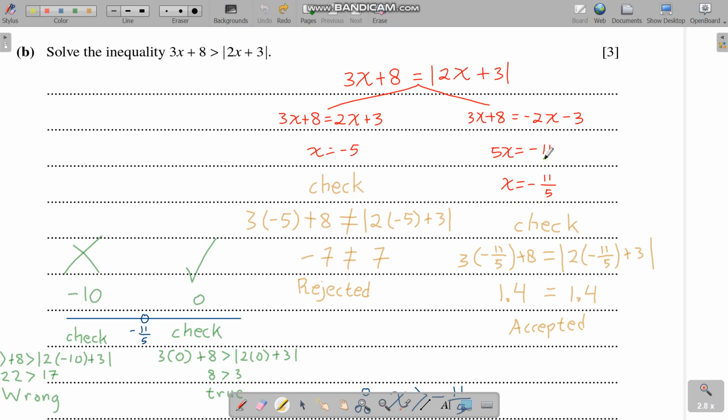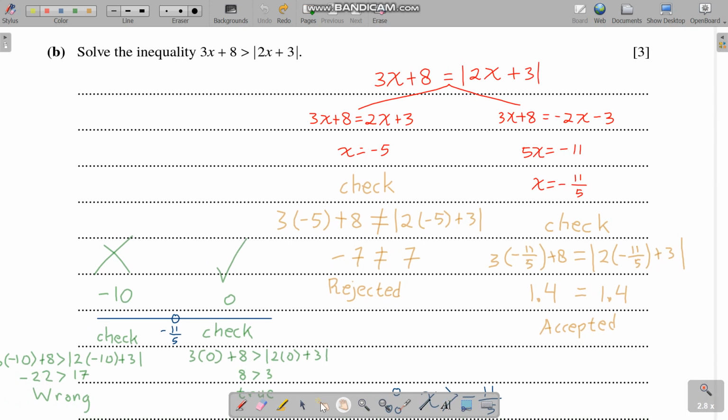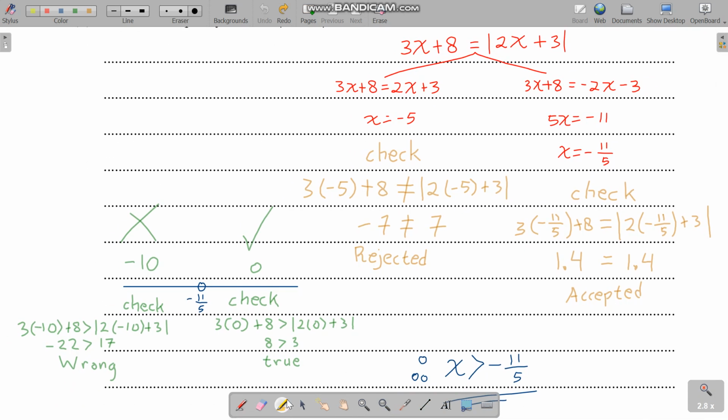Now after we get the critical point, we draw a number line. So this is a number line, we have only one critical point, so this means we have 2 possible regions or intervals we can use. This interval to the left are smaller than minus 11 over 5, or the interval to the right are bigger than minus 11 over 5.